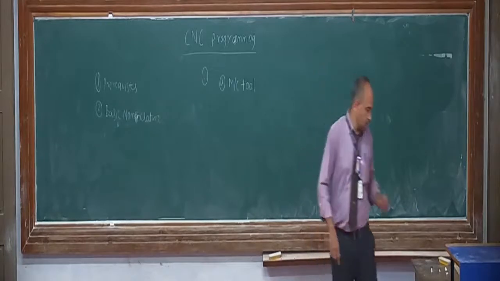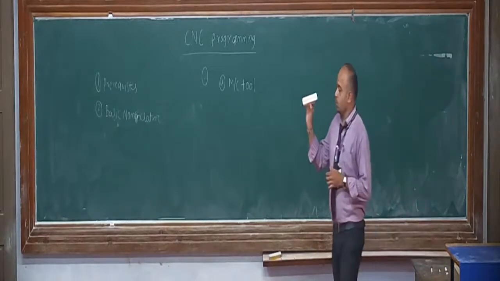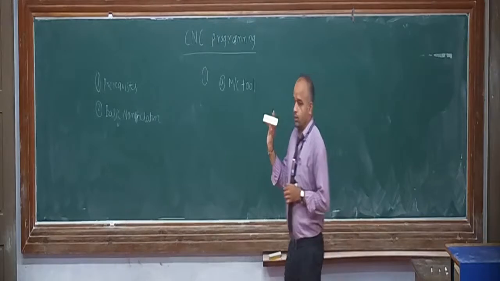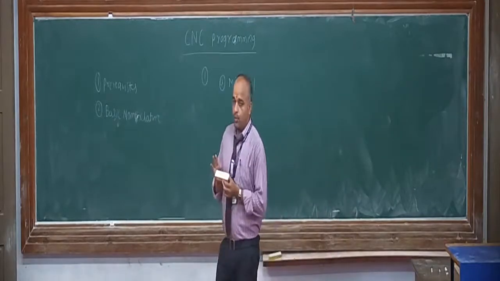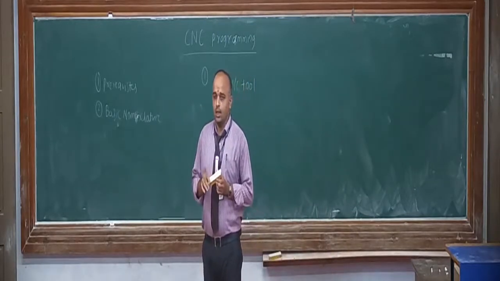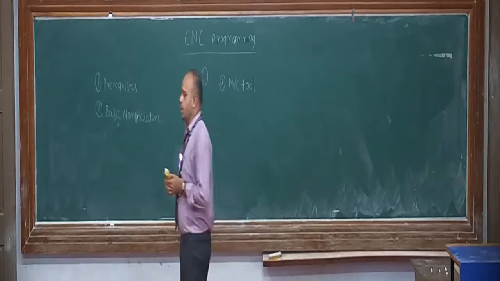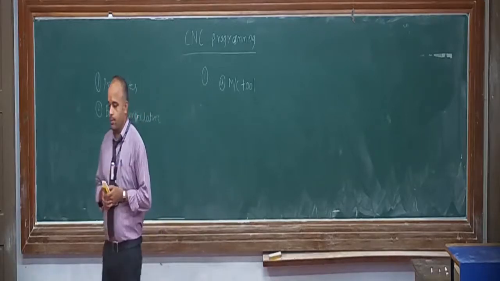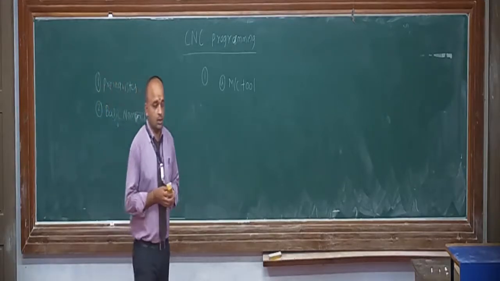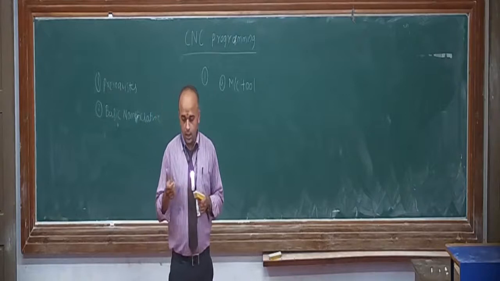Let us consider an example: I want to produce this component. For producing this component, whatever operations are required, I put on a piece of paper and I punch it. Punching is like, if you go on buses, especially Maharashtra buses, you can see that on a ticket the conductor punches.